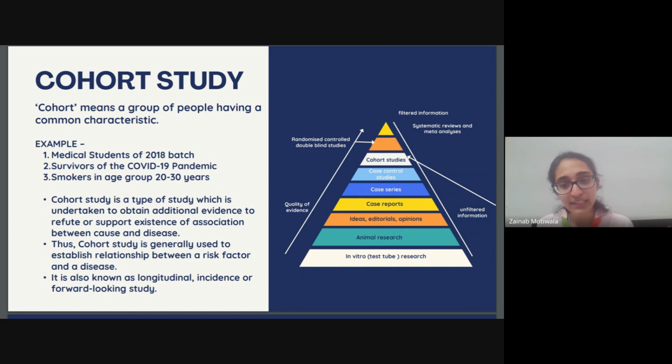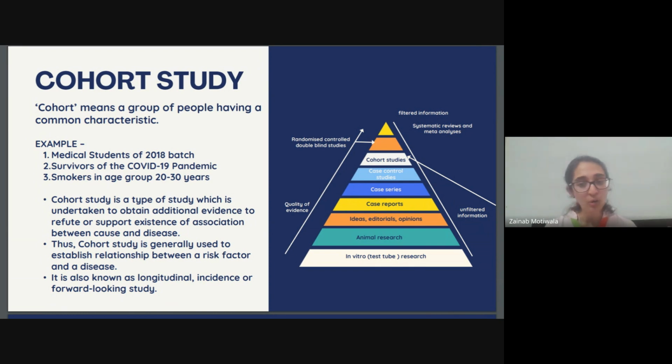Cross-sectional is considered inferior most, then we have case control studies, and finally cohort studies. Above these observational studies, we have other studies like RCTs, systematic reviews, and meta-analyses. So this is the entire pyramid, and we can see where cohort study design stands.